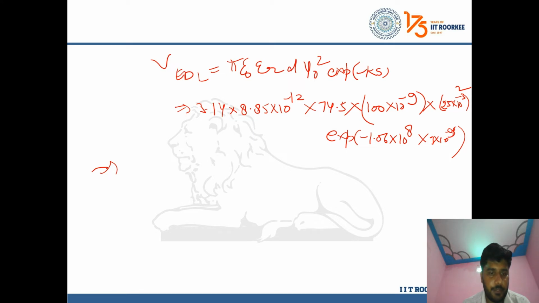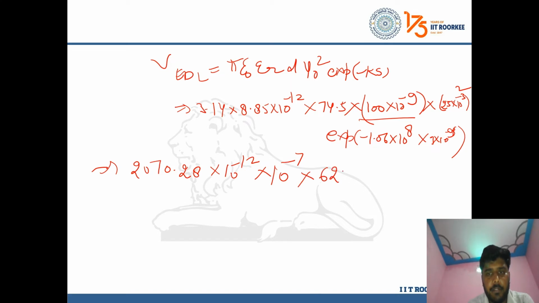3.14, 25, 74.5. Okay, 2070.28, 10 raised to minus 12. It will be 10 raised to minus 7, and it will be something like this.